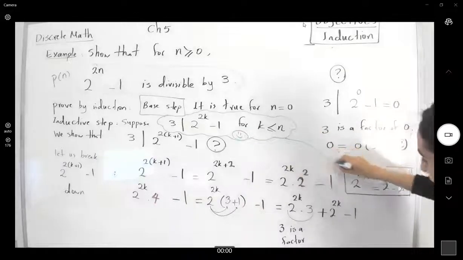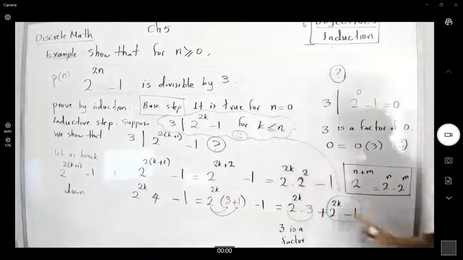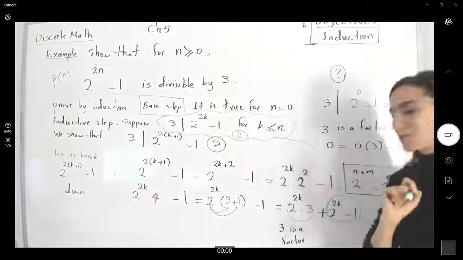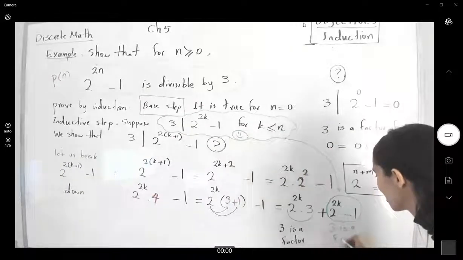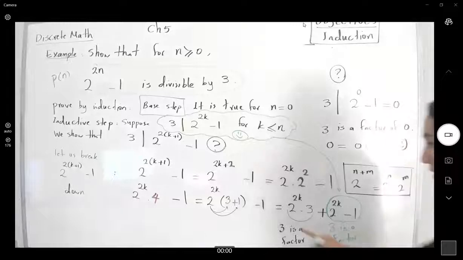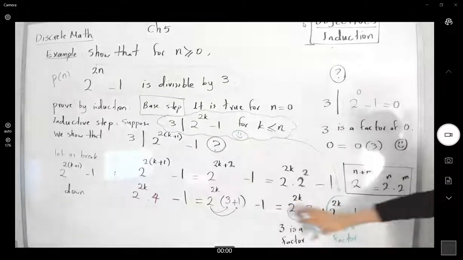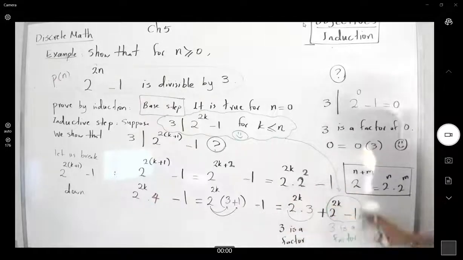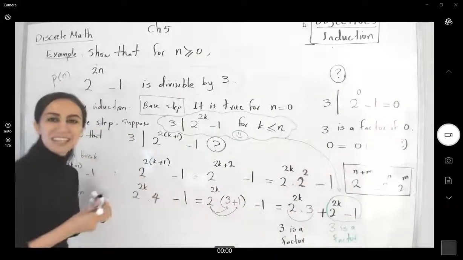It says, since you have 2 to 2k minus 1, I already know that by inductive step, 3 divides this expression. 3 is a factor. So 3 is a factor of this term. 3 is a factor of this term. 3 divides the whole expression on the right-hand side, which is equal to this expression on the left-hand side.